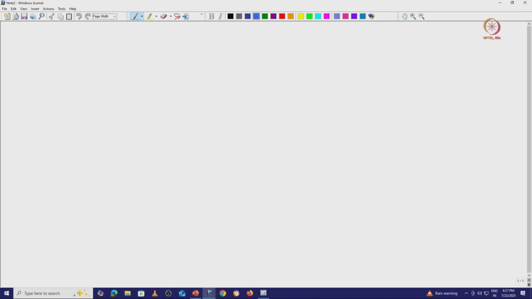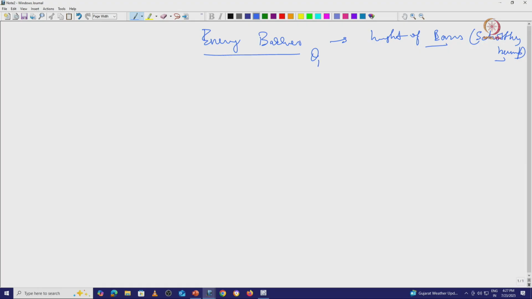So first we will talk about the energy barrier, or the height of the barrier, which is also called the Schottky barrier or Schottky hump. Okay, so this is termed as Q F.